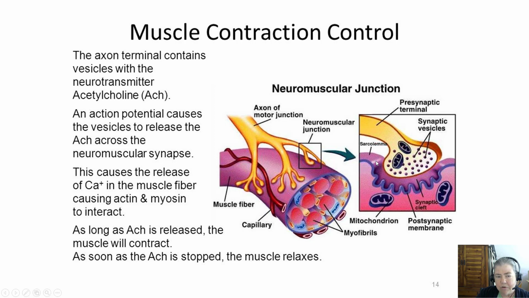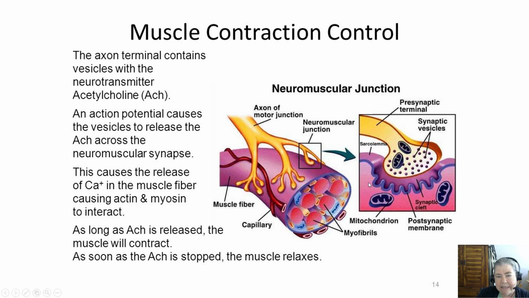at the neuromuscular junction. So this is the axon part of the neuron, and this is the muscle cell. And what is called here the sarcolemma is the cell membrane of the muscle cell.